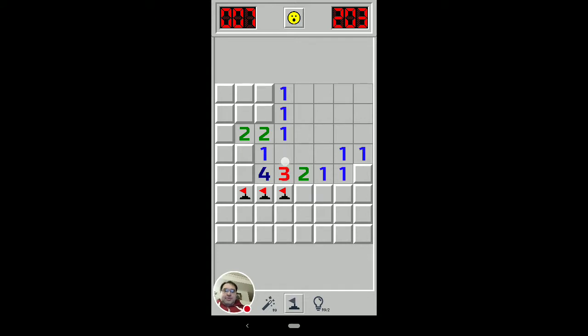And it turns out it has to be one of those. So if only one of these 4 can be a mine, and this one's uncovered, that's 5 squares around the 4 that we know about, and all of them combined contain 1 mine because of this 1. So if these 5 squares altogether contain 1 mine, and the 4 is touching 8 squares, then these last 3 have to all be mines so that the 4 is touching 4 mines.